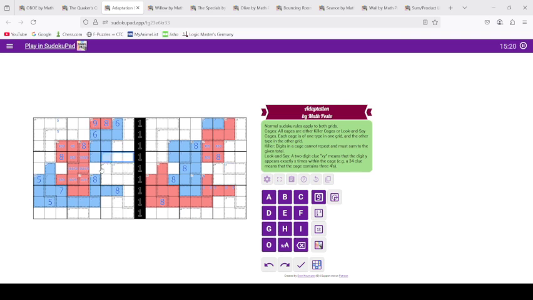Where does 8 go in this box? By Sudoku, it goes there. So this is a 7 or a 5 to complete the 15 clue.